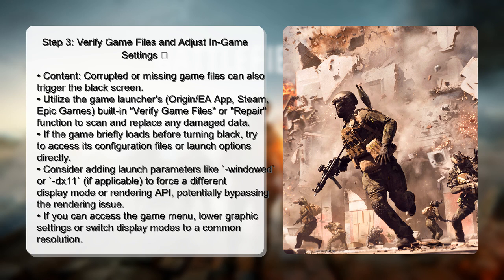If the game briefly loads before turning black, try to access its configuration files or launch options directly. Consider adding launch parameters like windowed or a different rendering API, if applicable, to force a different display mode, potentially bypassing the rendering issue. If you can access the game menu, lower graphic settings or switch display modes to a common resolution.